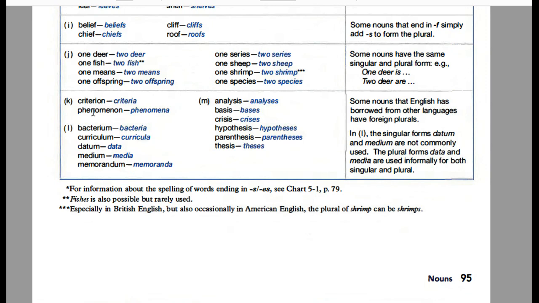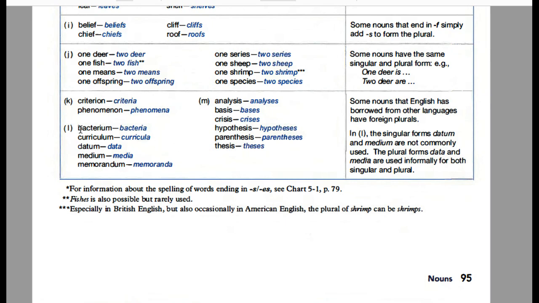You can read it. Last here we have criterion, criteria, phenomenon, phenomena, analysis, analyses, basis, bases, crisis, crises, hypothesis, hypotheses, parenthesis, parentheses, thesis, theses.